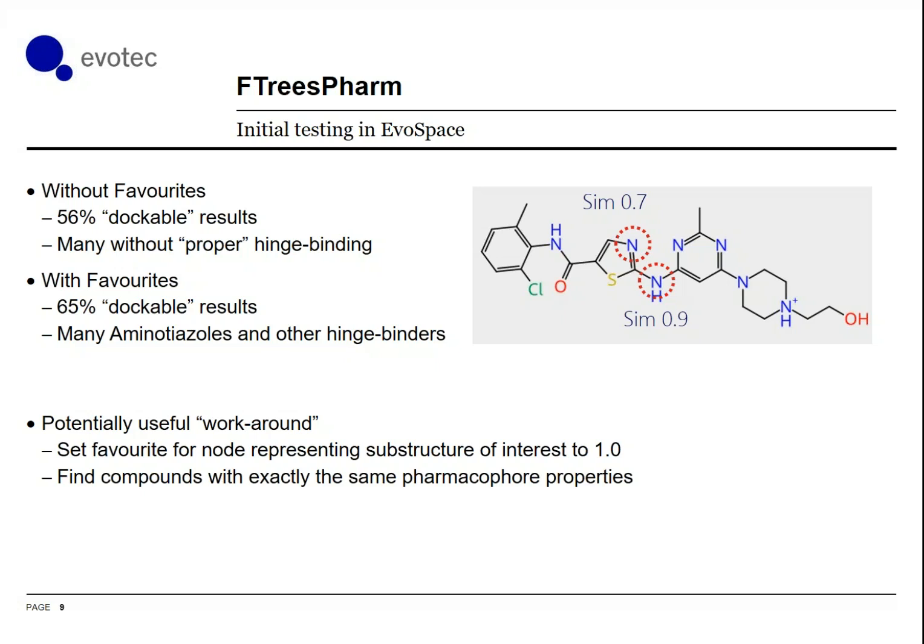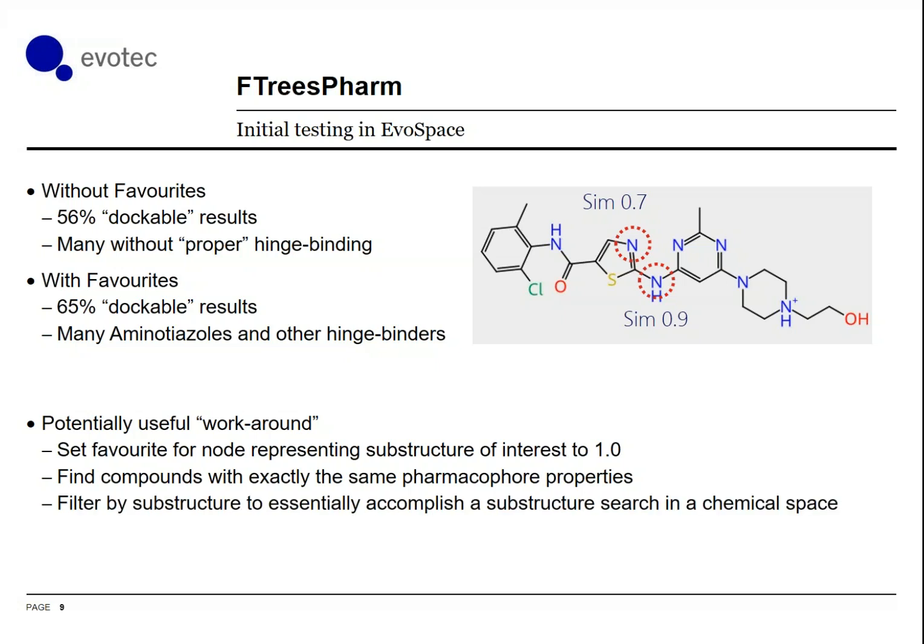Then on the basis of these topmost hit molecules, you can filter by substructure. That's then only a small set of molecules, and essentially this way you have a workaround for searching for a particular substructure also in a chemical space.